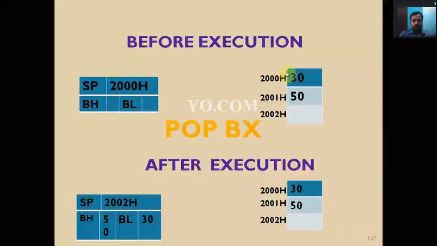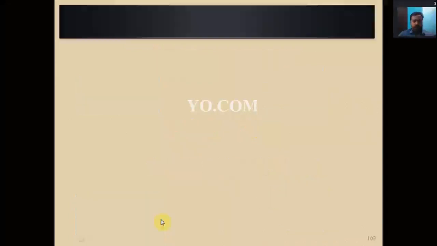The lower byte is pointed to by 2000, the higher byte by 2001. If you execute pop BX, this 5030 is loaded into the BX register. BX equals BH and BL, 5030. This is the pop instruction.